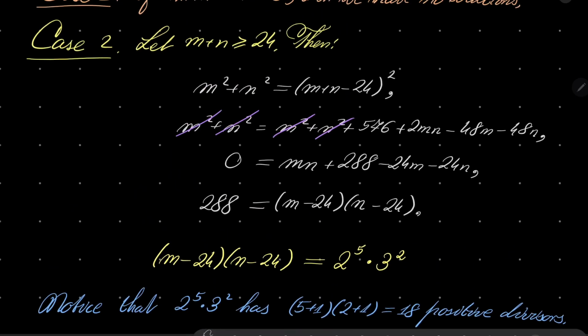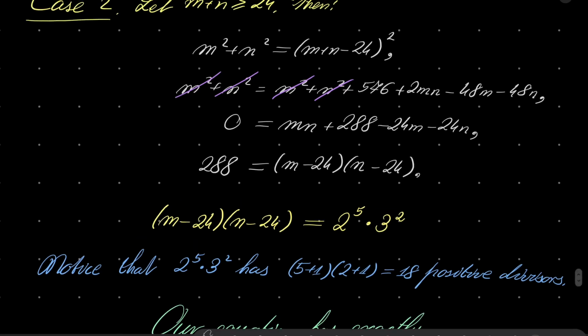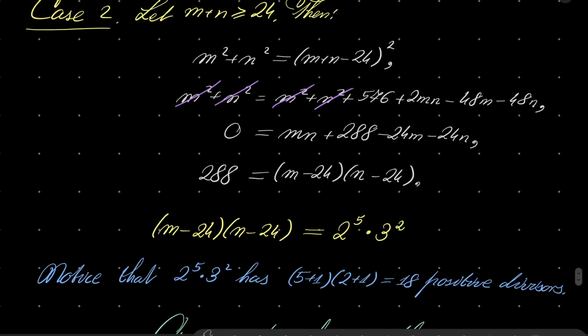to 24? Of course it is, because every number is, for example, m is 24 plus a positive divisor, so it is greater than or equal to 24. So already m itself is greater than or equal to 24, n is also greater than or equal to 24, so this sum is also greater than or equal to 24.